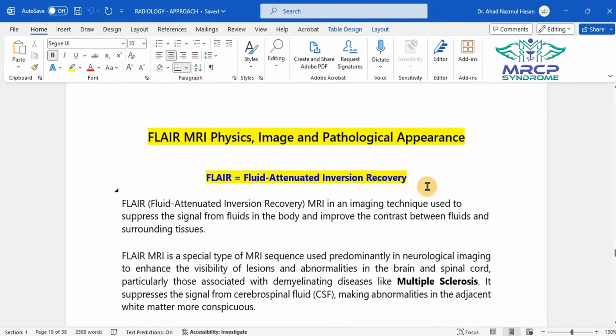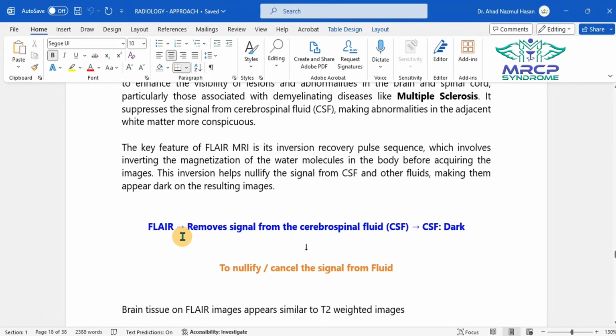So the next one is the Flair sequence. Flair is fluid attenuated inversion recovery. In the Flair sequence, we remove the signal from the CSF, so the CSF will appear dark. The aim or principle is to nullify or cancel the signal from the fluid.